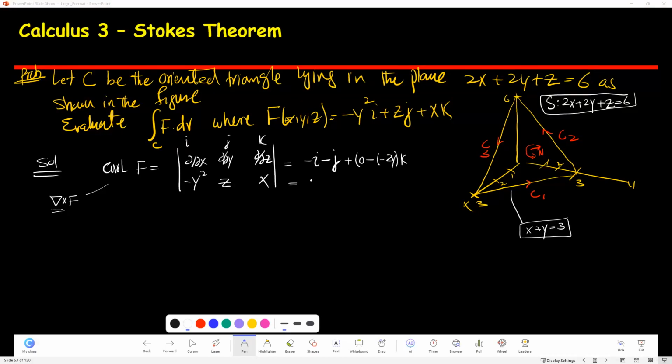So I can write this as minus i minus j plus 2y k. Considering our surface, z equals 6 minus 2x minus 2y, that is my z. All I did, I just took everything to the other side, so it looks like this.